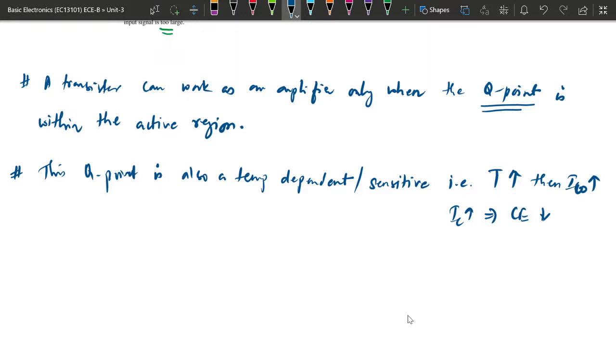That means we should make the Q point such that even if it changes because of the temperature, the transistor remains in the active region only.